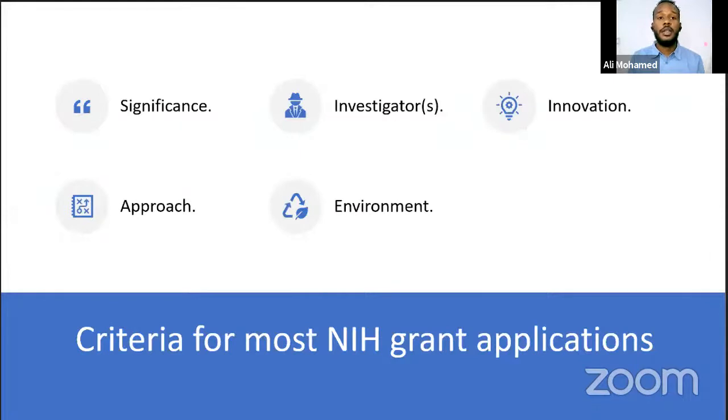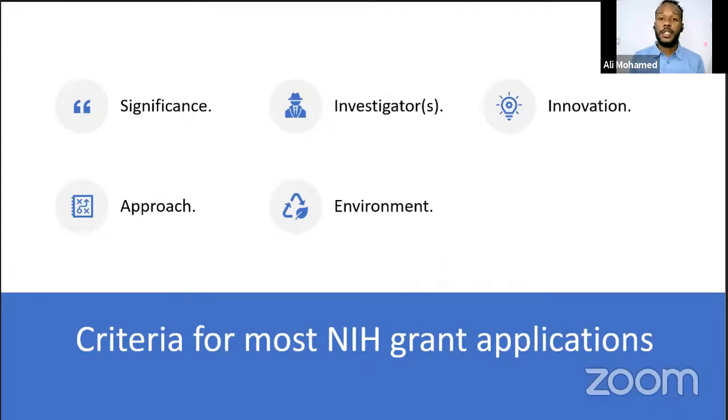When we write a proposal, we need to see how reviewers see our proposal and what the criteria are. So these are the criteria for most NIH grant applications. First, significance. How is your project significant to the community in the first place and to the funding agency? Who are the investigators? What are their qualifications, their background, and their reputation?